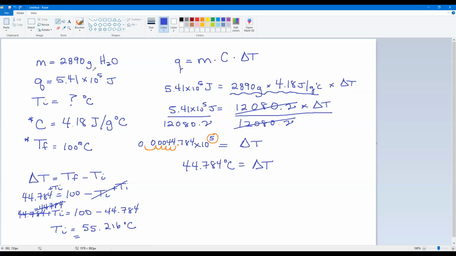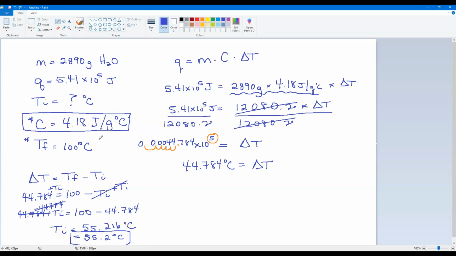Then I'm going to go by my significant digits here. I'm given 3 significant digits with my heat capacity, as being the least number, so I will round this to 55.2 degrees Celsius as my initial temperature. For this, you did need to know that you had to look up the constant for specific heat capacity of water.